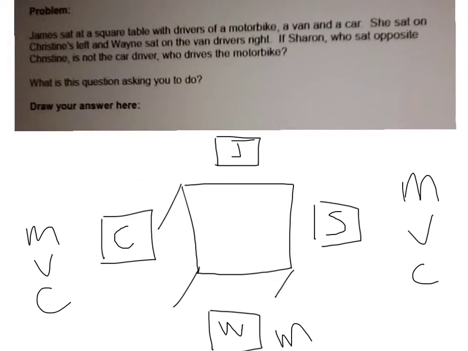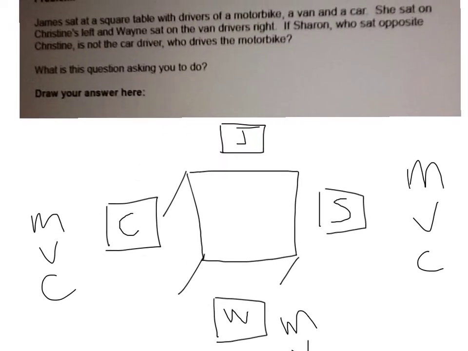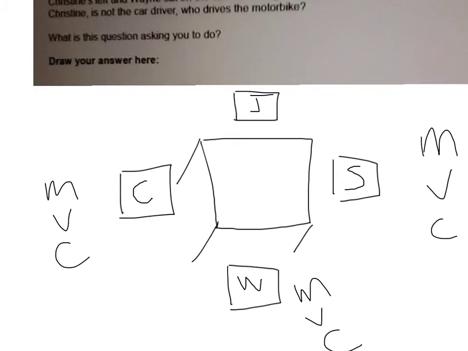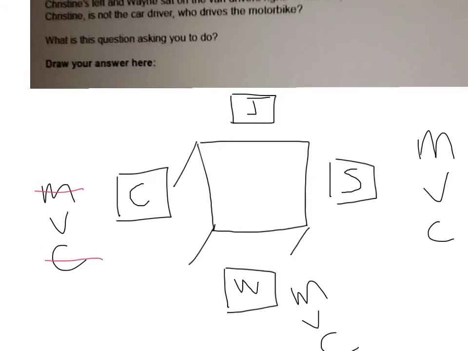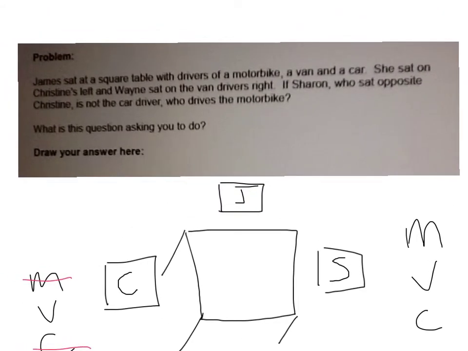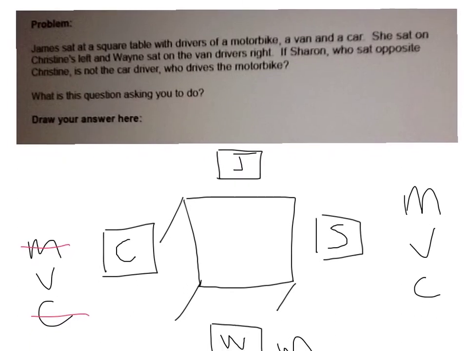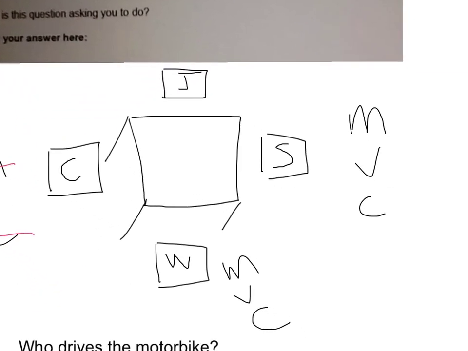It says Wayne is sitting on the van driver's right. So in that case, Christine must be the van driver. Sharon sitting opposite Christine is not the car driver. Cross car off her.